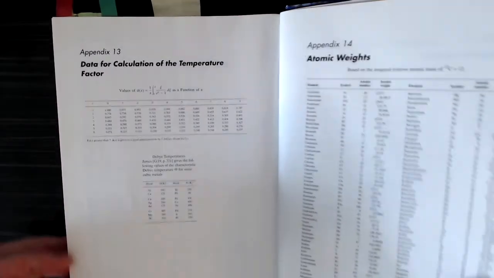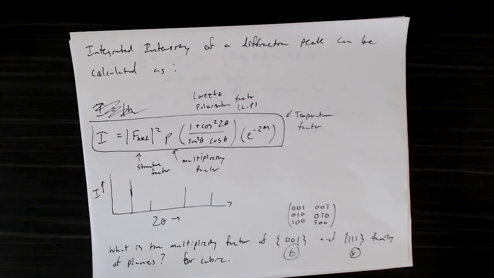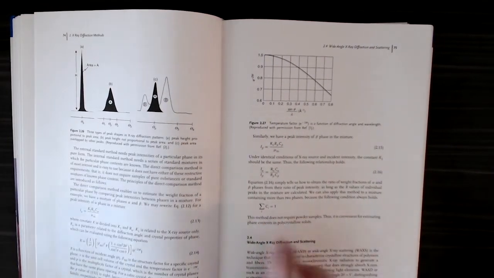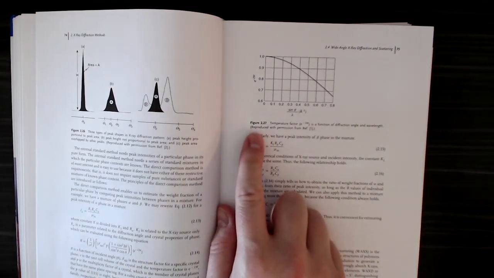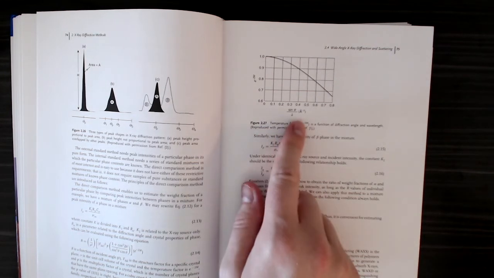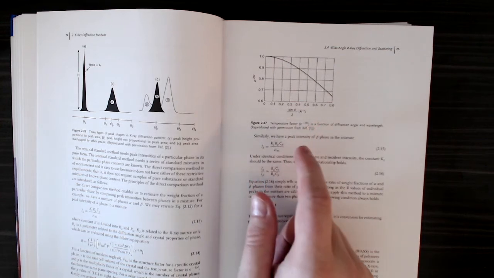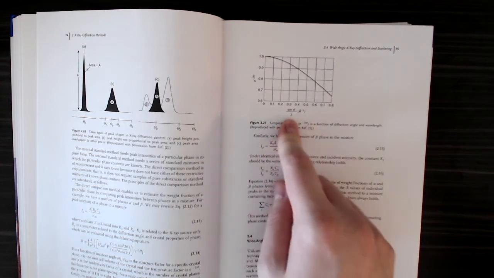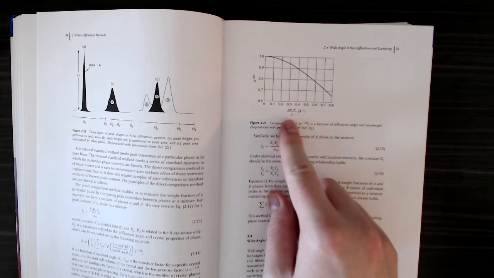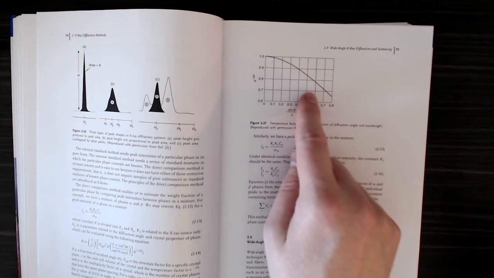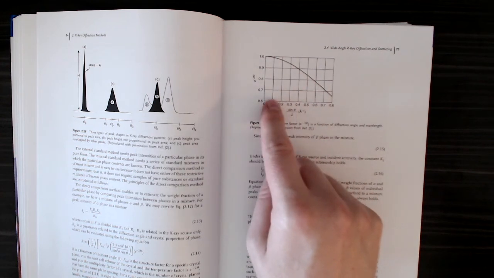But also, maybe slightly more convenient, in your course textbook for 585 you'll notice you have figure 2.27, which is the temperature factor as a function of the angle. Similar to that table, but here it's a lot easier to read. You just have to calculate sine theta over lambda, and then you can approximate the value from this figure.